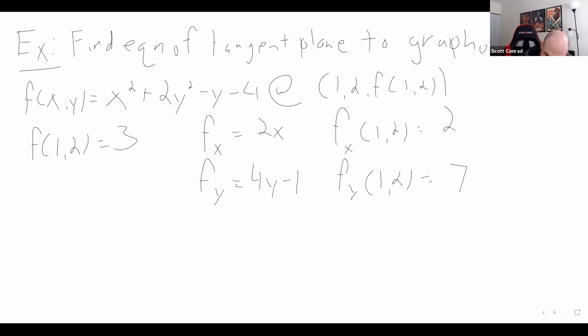So we have the equation of our tangent plane: z is equal to the value of our function at 1, 2, plus the partial with respect to x at 1, 2 times x minus 1.